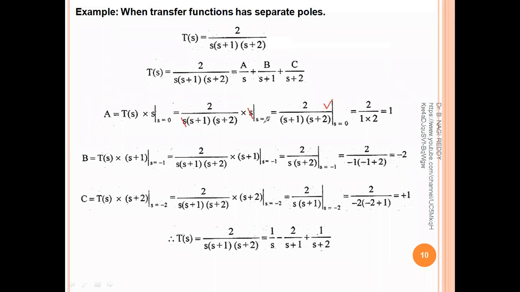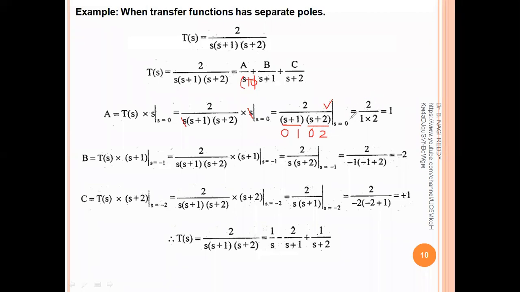Now what do we need to substitute? We substitute S equal to 0, because this is the S plus 0 term. Substituting 0 here, it becomes 0 plus 1, and also 0 here. So this entire term becomes 1 and this entire term becomes 2.